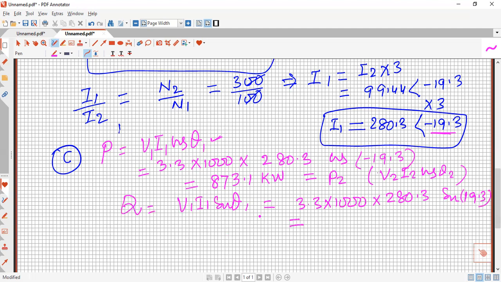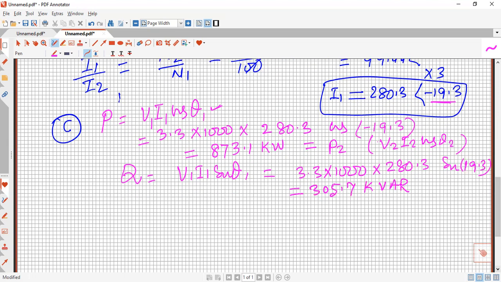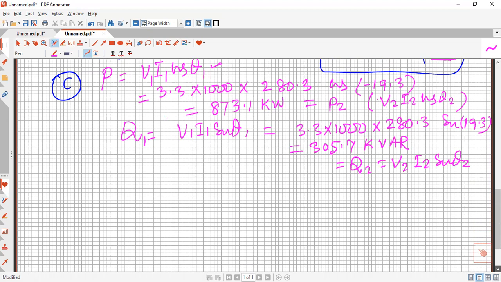So this value will be the magnitude of reactive power, and it is coming 305.7 kilovolt ampere reactive. Its unit is kVAR. So P and Q are found, and this is Q1, so it will also be equal to Q2. You can check it, which is equal to V2 I2 sine theta 2. Theta 1 and theta 2 both are minus 19.3.